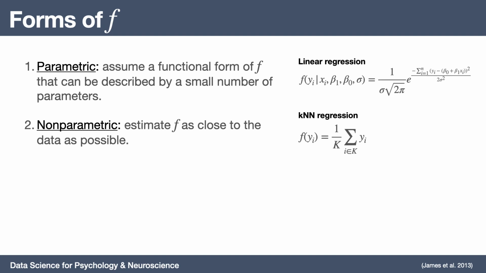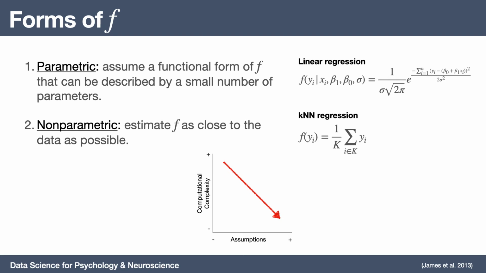They have lots of assumptions, but as long as your data fits those assumptions, you can compress the problem down to a set of regression coefficients or some parameter coefficients. Non-parametric methods, on the other hand, are difficult to do compression. You need all of your training data in order to generate some sort of a prediction. And so it doesn't have a lot of assumptions, but it's highly complex.